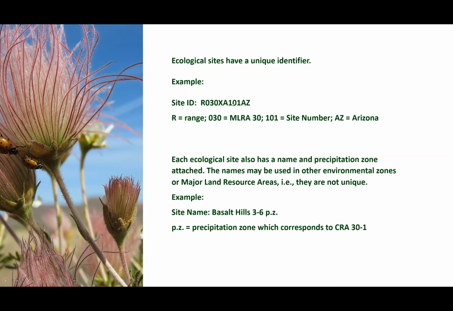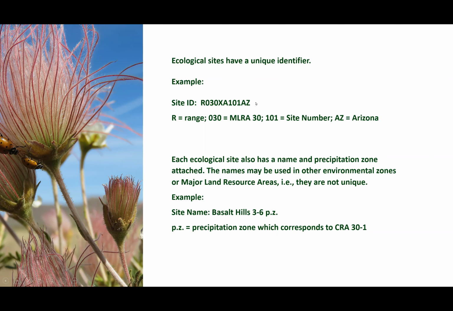101 means it's in common resource area or environmental zone 1. And every ecological site in that common resource area will have numbers in the 100 series. In other words, 101, 102, 103, up to however many there are in there. And it tells you then it's for Arizona.